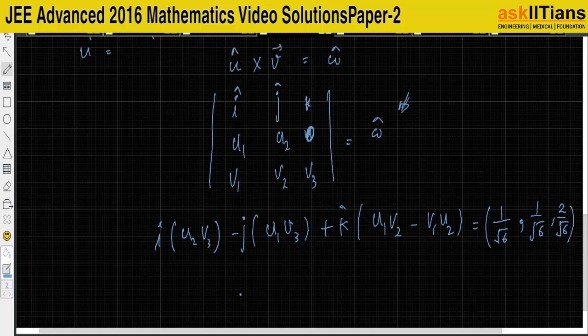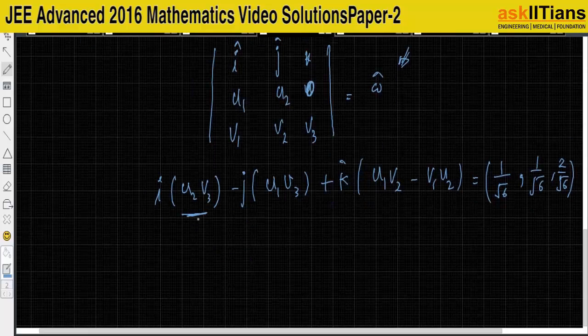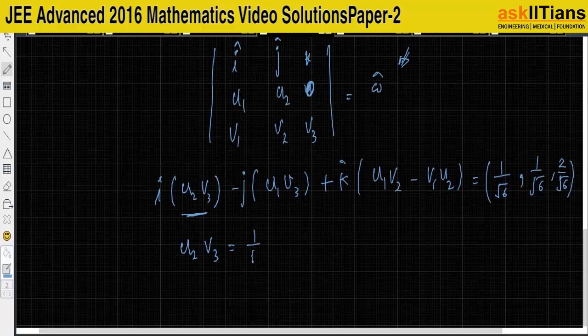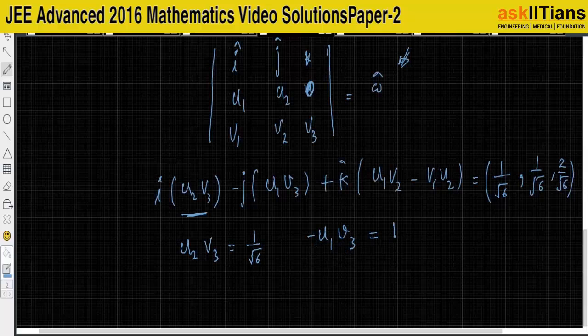Comparing, u2 into v3 is equal to 1 by root 6, and minus u1 into v3 is also equal to 1 by root 6. If I divide these two equations, v3 will get cancelled, so I'll get u2 by minus u1 equal to 1, so u2 is equal to minus u1.